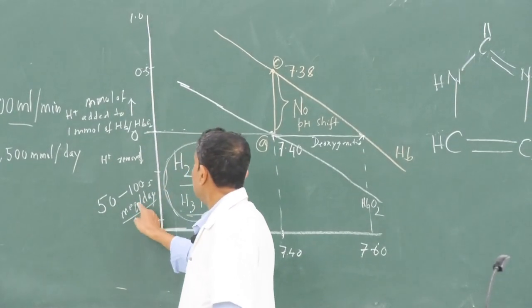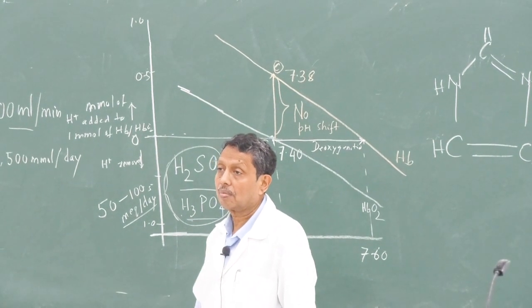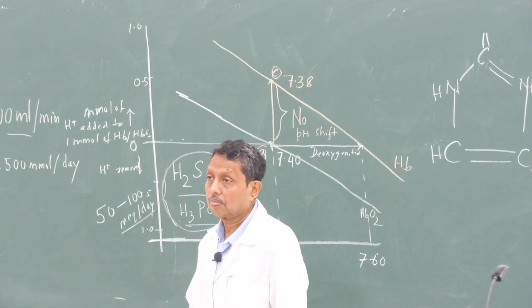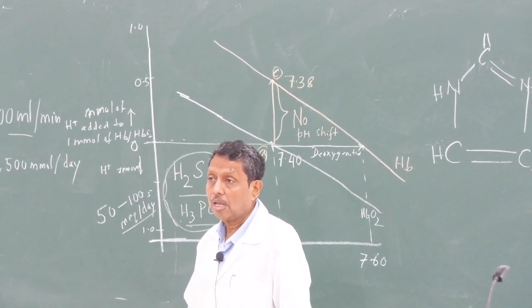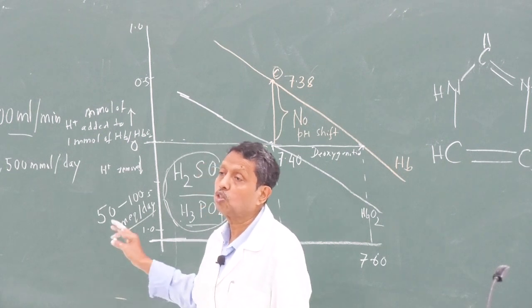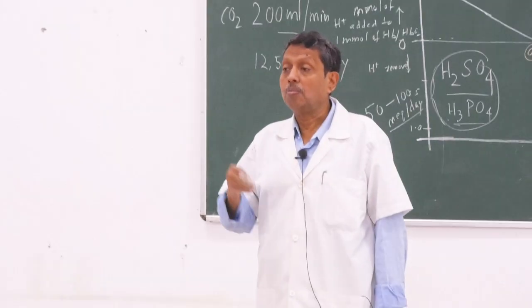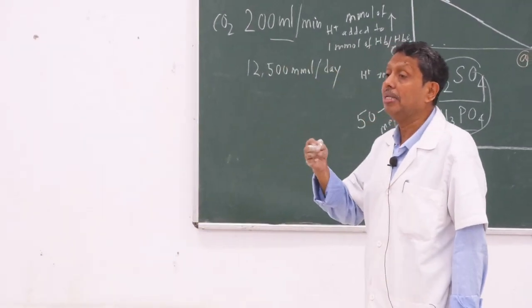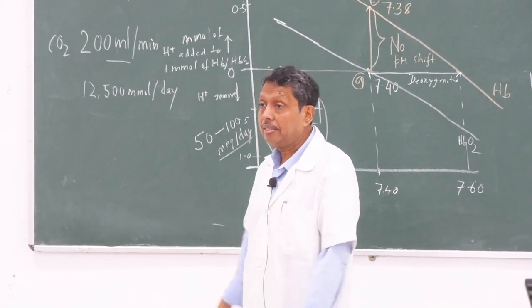But these fixed acids must be eliminated by the body. Per day this amount is produced and must be eliminated. Otherwise, a huge amount will accumulate and the pH goes beyond survival. By increasing ventilation, we can eliminate the carbon dioxide.